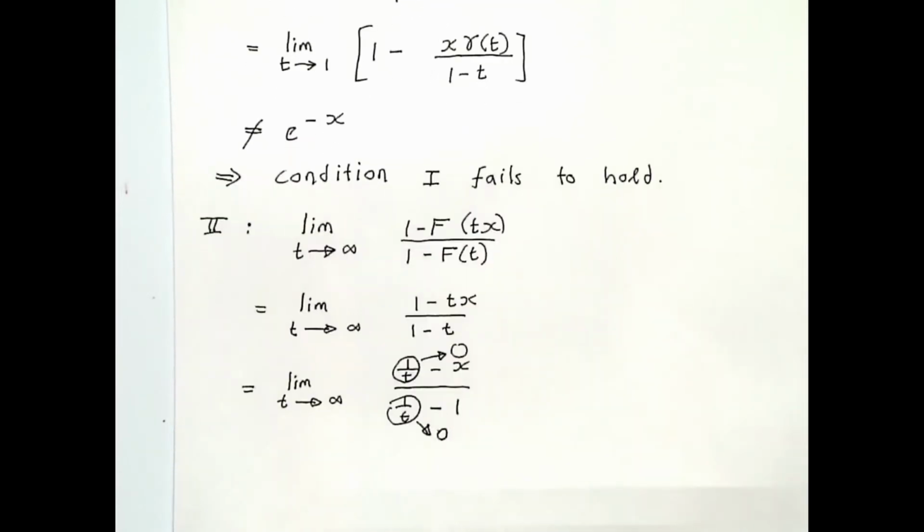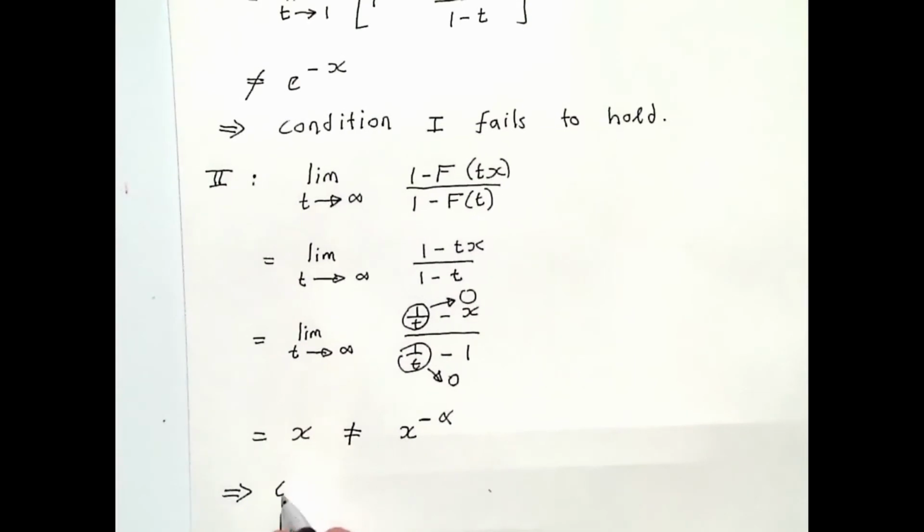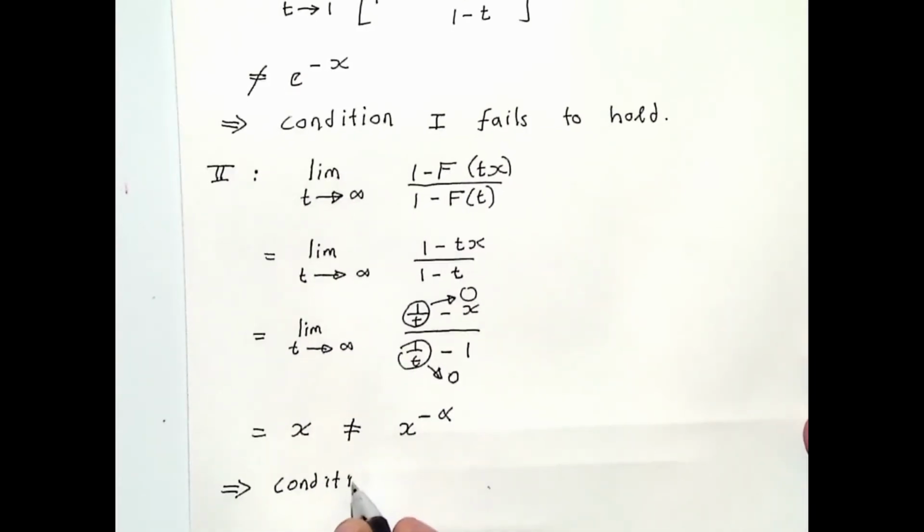Okay, so you get minus x divided by minus 1, which is equal to x, and this is not equal to x to the power minus alpha for alpha positive. So the conclusion is that condition 2 fails.